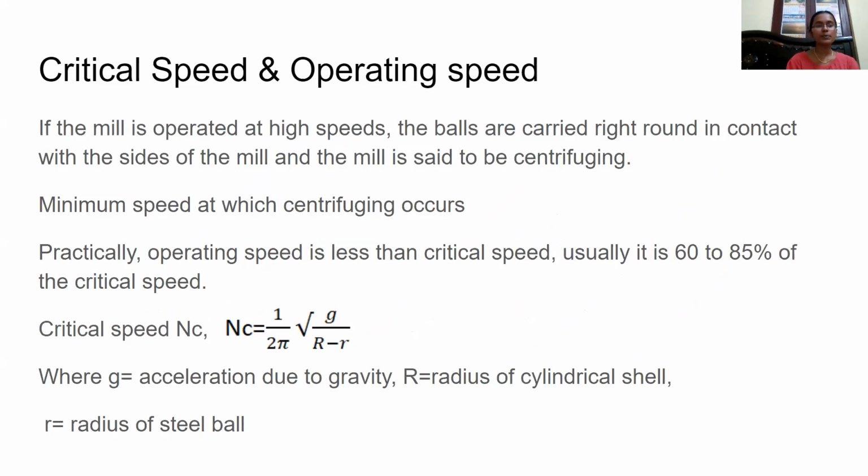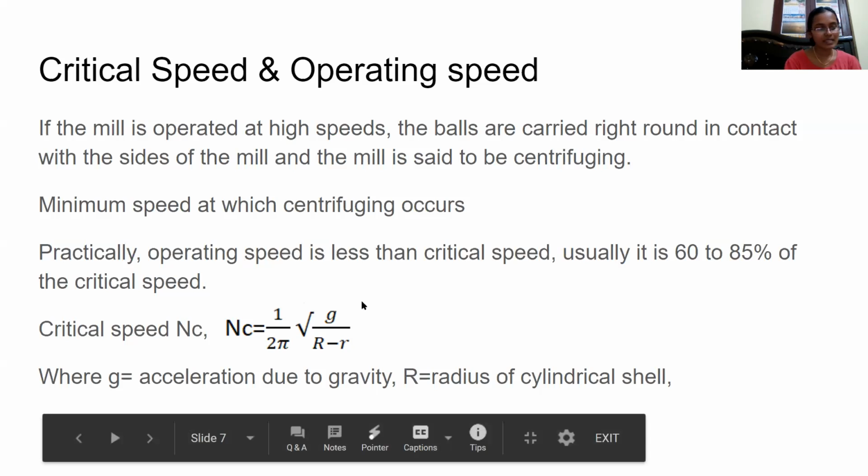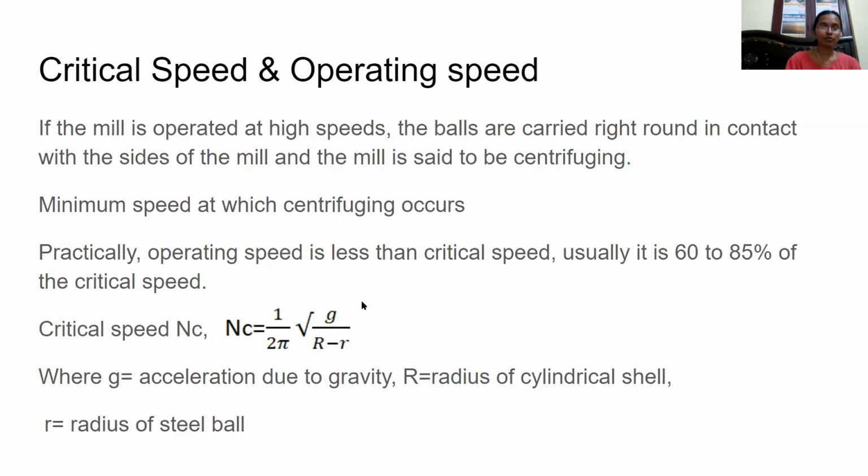The minimum speed at which this centrifuging phenomenon occurs is known as the critical speed. At critical speed, the centrifugal force will be exactly balanced by gravitational force, and at critical speed, no grinding action takes place. The equation of the critical speed is derived by balancing the centrifugal force and the component of gravity.